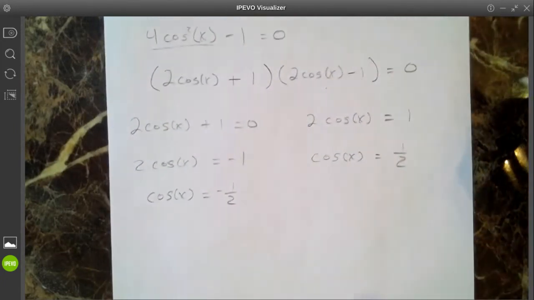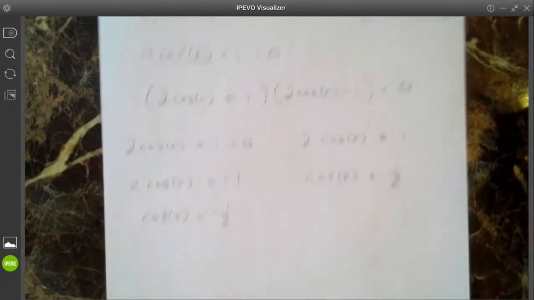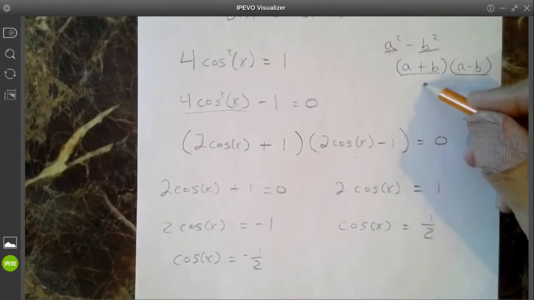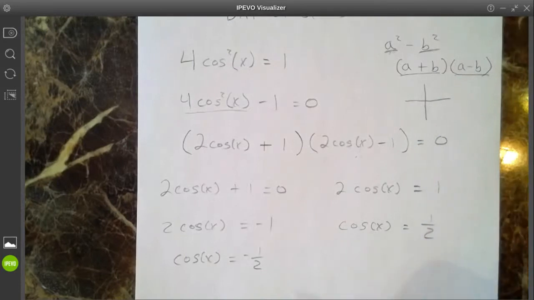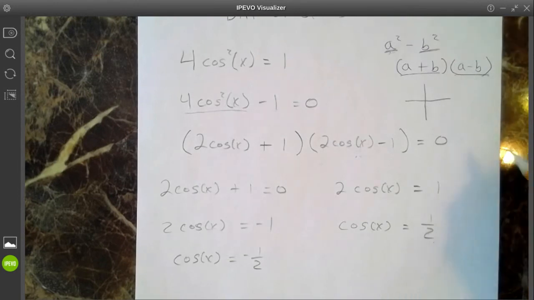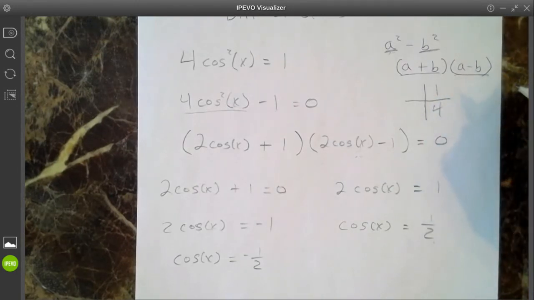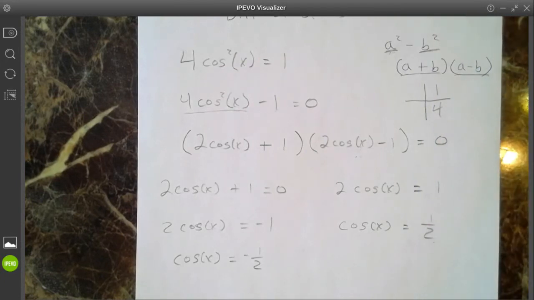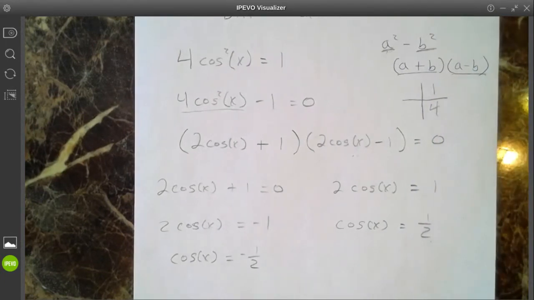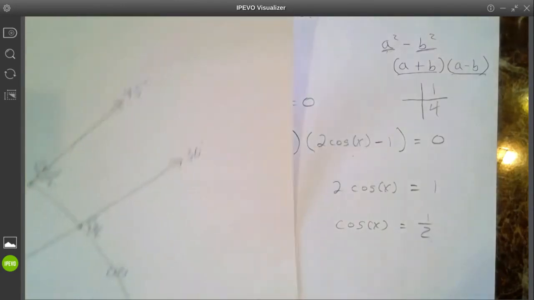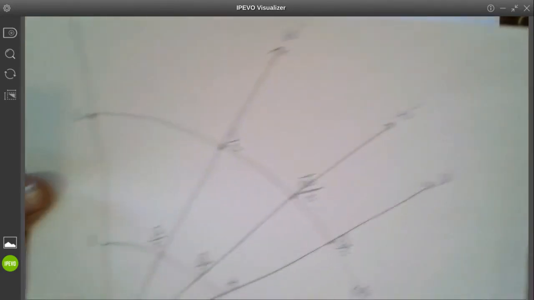All right. So let me, I'll try to draw my little quadrant thing up here. All right, so right here, actually let's do the positive version first. Because cosine is equal to positive 1/2, I know I'm dealing with a quadrant 1 and quadrant 4 angle. I just got to remind myself of where, for what angle, is cosine equal to positive 1/2.